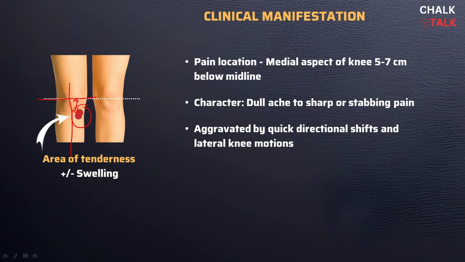The pain can range from a dull ache to a sharp or stabbing sensation. Patients often notice it worsens with quick changes in direction or side to side movements, which put extra stress on the pes anserine region. They may also experience tenderness and sometimes mild swelling in this area. So this illustration shows exactly where the discomfort is typically felt.